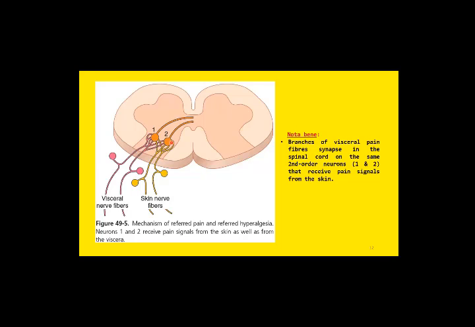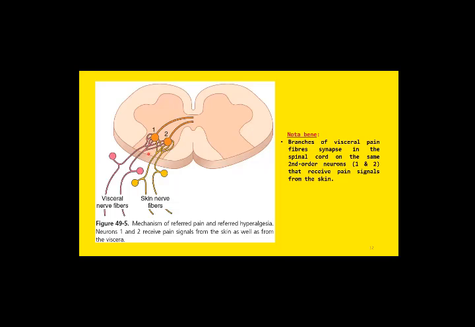The mechanism behind referred pain is that the branches of the visceral pain fibers synapse in the spinal cord gray matter on the same second order neuron that is receiving the signals from the skin. That is the reason referred pain is felt.